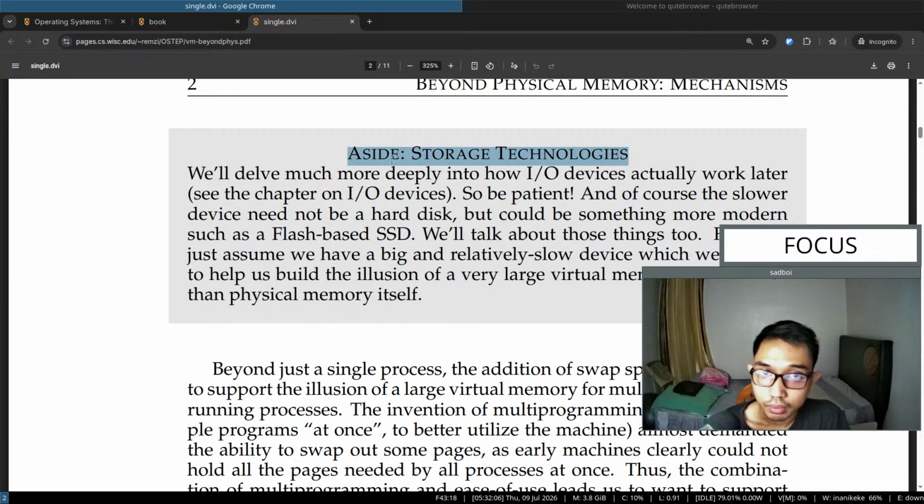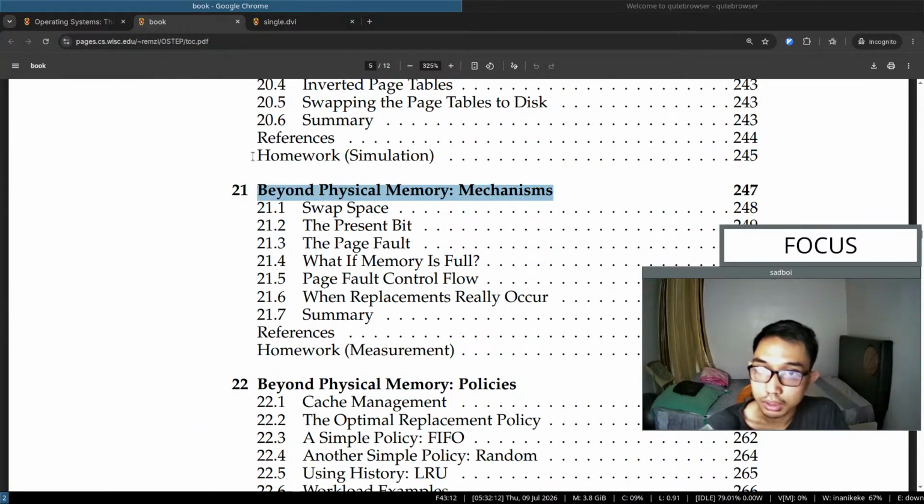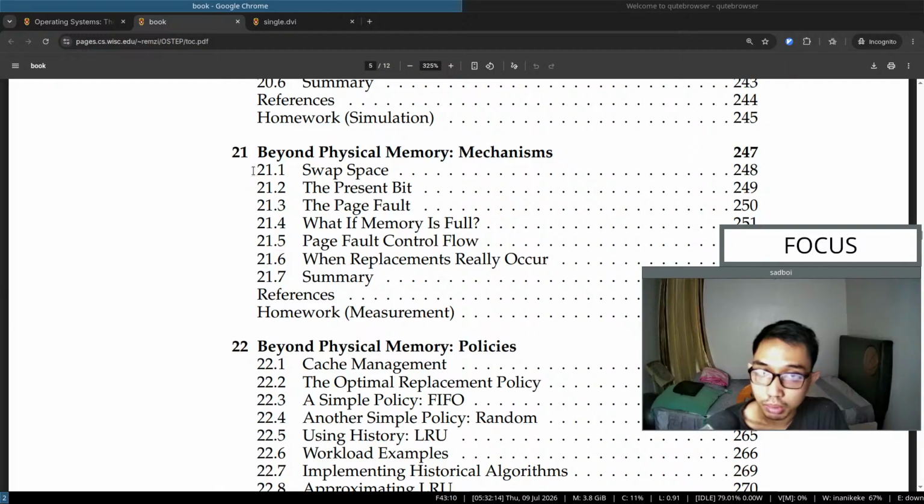Aside: storage technologies. Wait, let me check the table of contents. Swap space, the present bit, the page fault, what if memory is full, page fault control flow, when replacement really occurs.